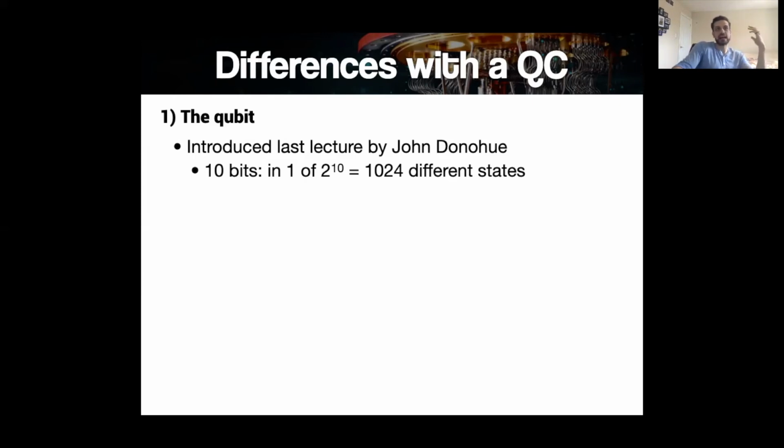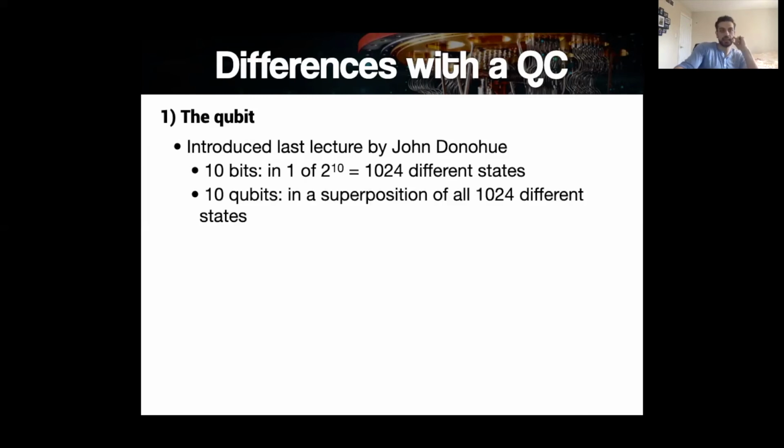If I have 10 classical bits, each of them is 0 or 1, and they can be in one of 2 to the 10, so 1,024 different states. If I have 10 qubits, they'll be in a complex superposition of all 1,024 different states.